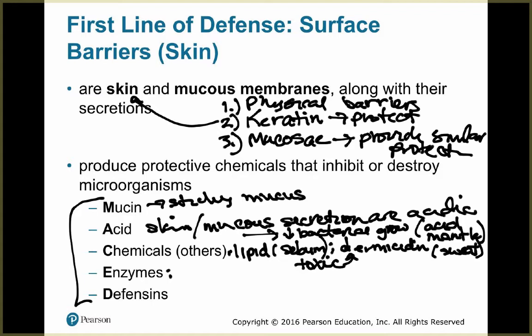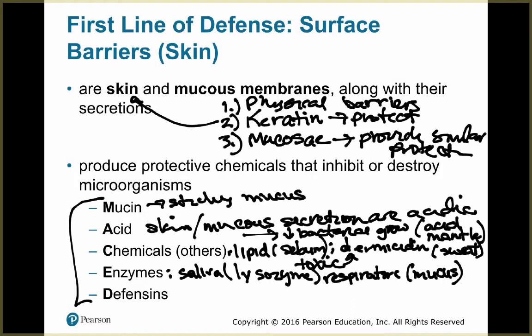Now, there are all kinds of enzymes that we have. For instance, in saliva, we have lysozyme. In the respiratory system, again, we have mucus, which is a mixture of mucin and all of that. Around our eyes, we have lacrimal fluid.